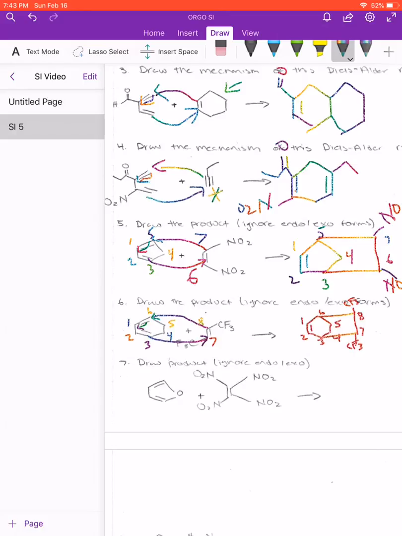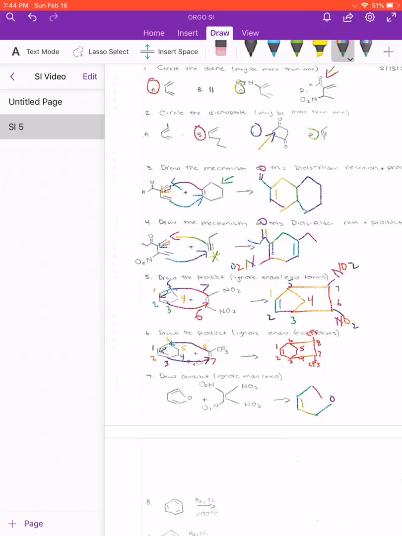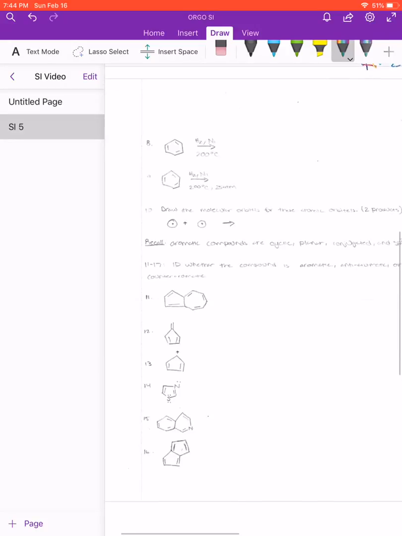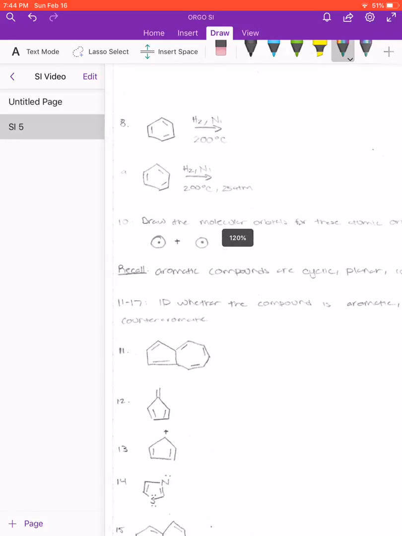Alright, so we have this, and then we have our 2 NO2 groups attached to each of the carbons from the dienophile, right? And then this oxygen is untouched.